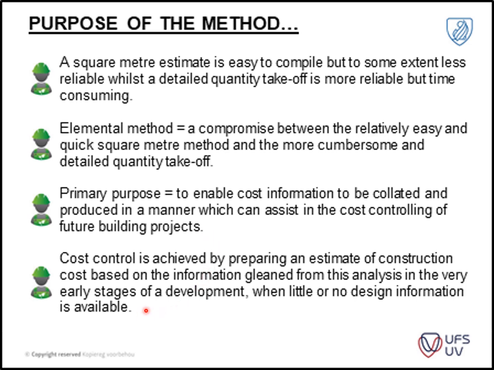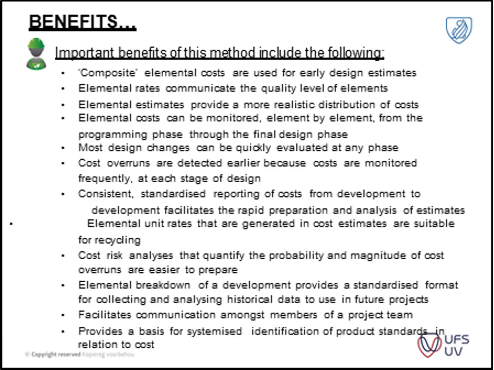Okay, cost control is achieved by preparing an estimate of construction cost based on the information gathered from the analysis in a very early stage of the development, when little or no information is available. Okay, so the important elements, I'm not going to read through this for you. You can go through the important benefits of the method.